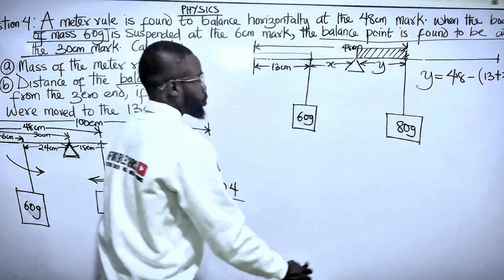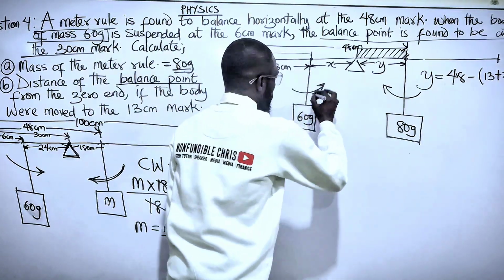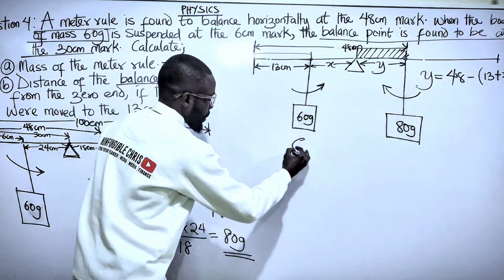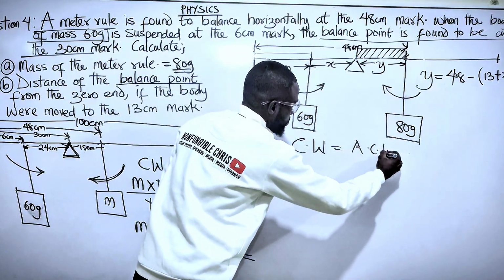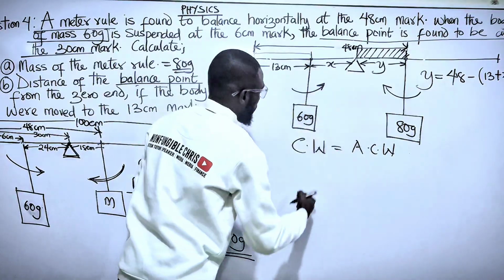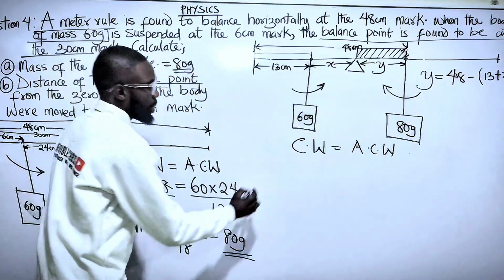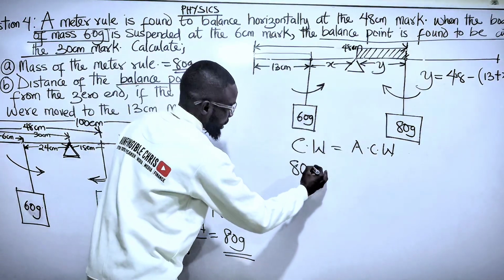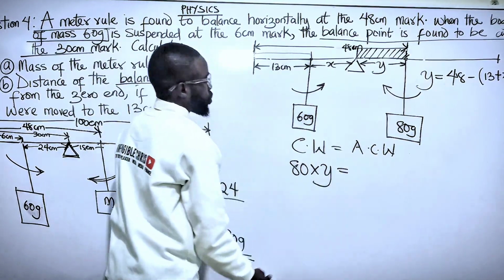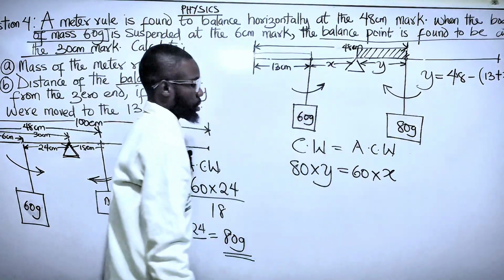So if we do our clockwise equal to anti-clockwise movement, look at this, clockwise movement equal to anti-clockwise movement. We are looking for this balance point, right? From here to here, we don't know it. We're going to have 80 mass times y. 80 times y is equal to what? 60 times x, right?